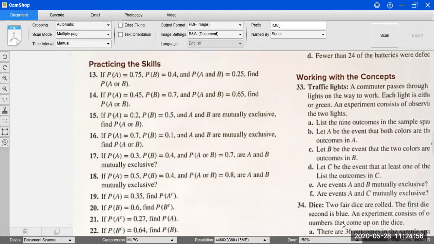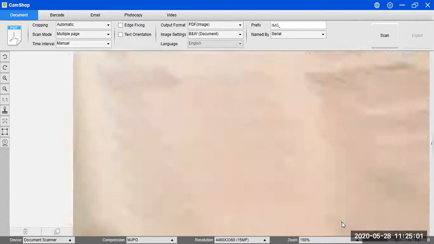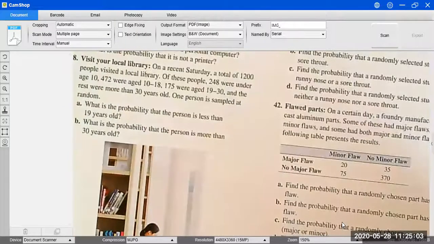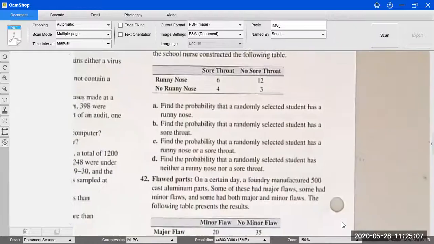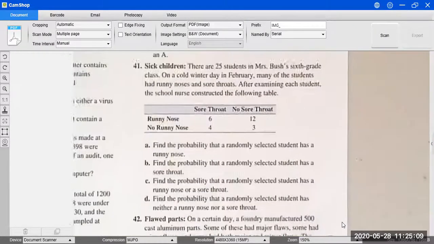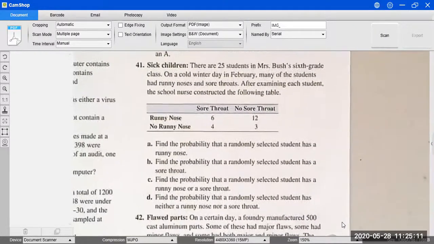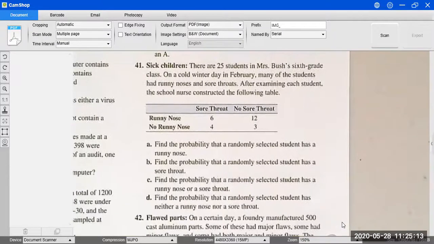Then problems 41 and 42 are more like the problems that you're going to have in your quizzes or in your exams. For 41, first you're going to get a contingency table. So take a screenshot or copy the table and copy the questions.